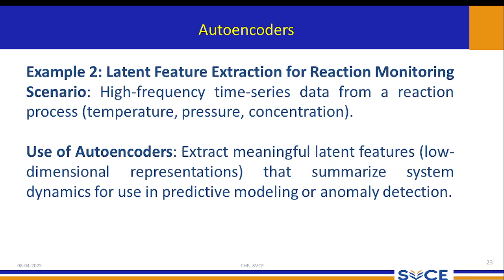And coming to another example for autoencoders, latent feature extraction for reaction monitoring. The scenario is high frequency time series data from a reaction process. So you have temperature, pressure, concentration, high frequency time series data from a reaction process. So we can go for autoencoders.